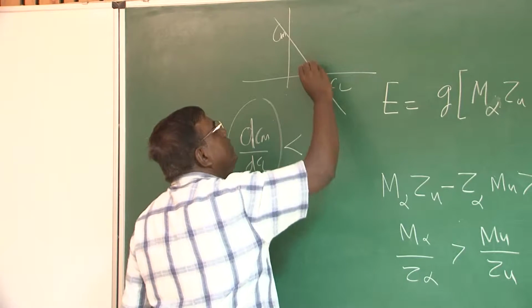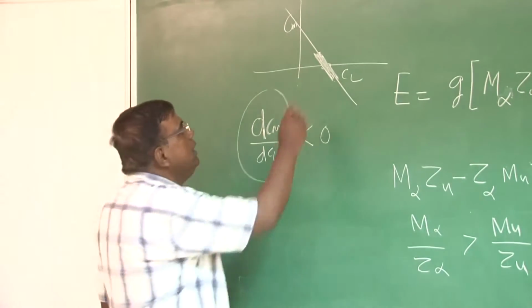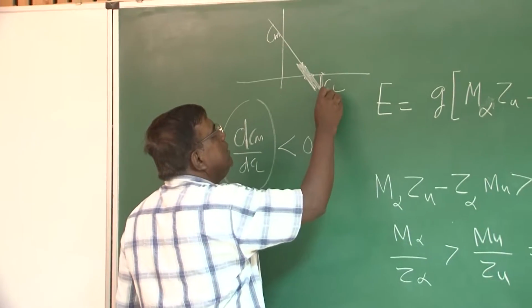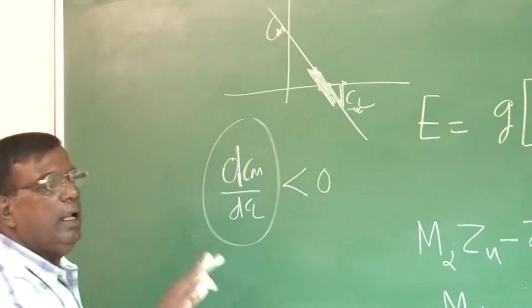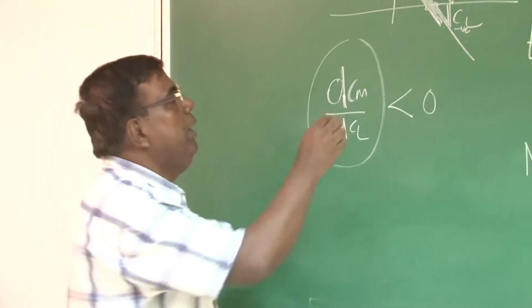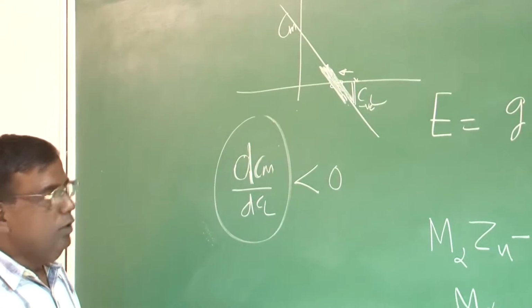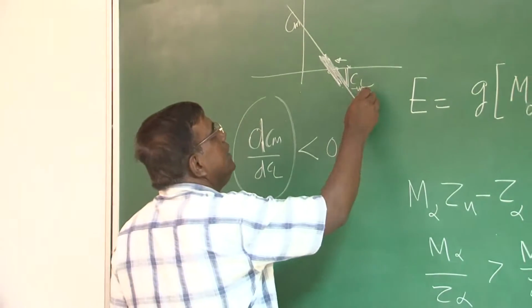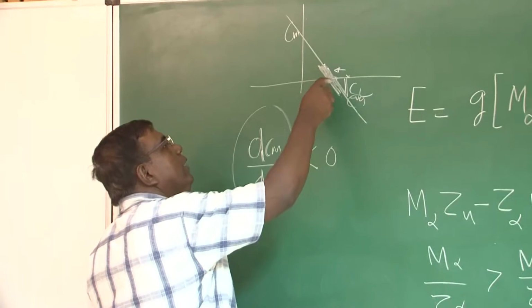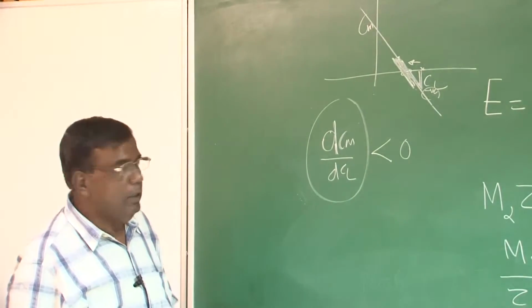If this slope is negative, we say the aircraft is statically stable, because if there is an increase in Cl because of a disturbance, it will immediately generate a negative pitching moment and alpha will be changed, so it will go down. So the Cl will again come back. So it has an initial tendency to come back. Suppose Cl has increased, the aircraft will automatically generate a negative pitching moment, so the angle of attack will be reduced and the Cl will have a tendency to go back to the equilibrium Cl.